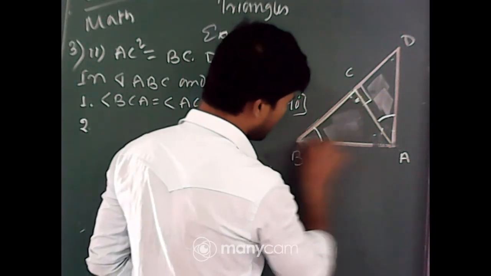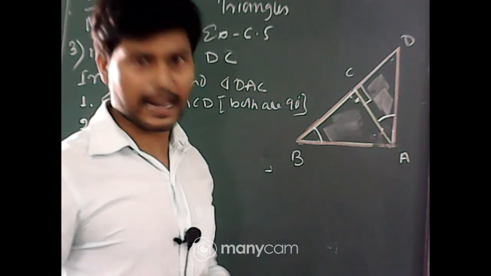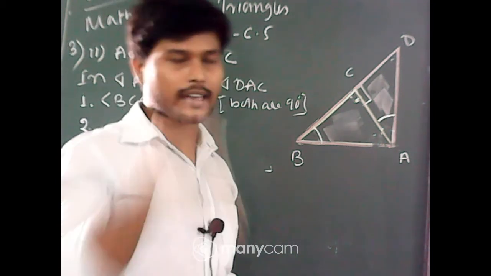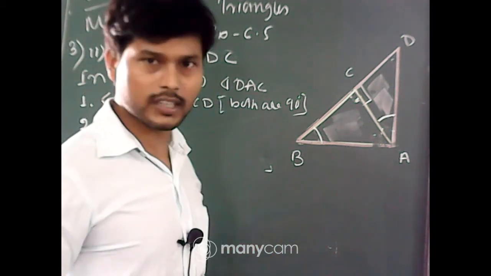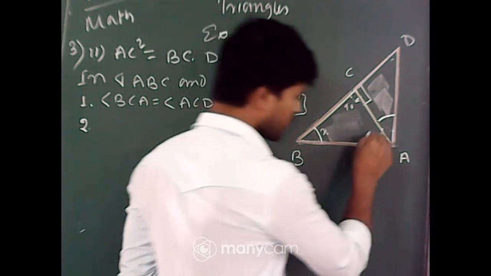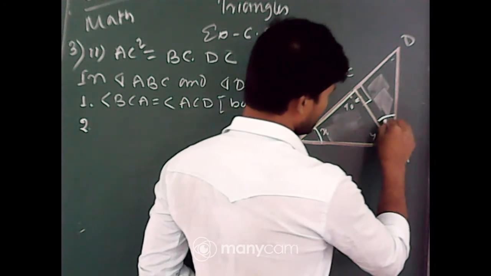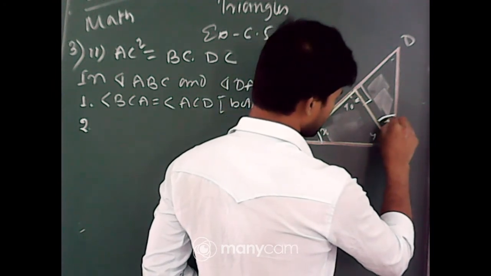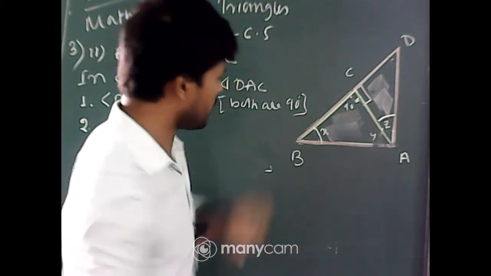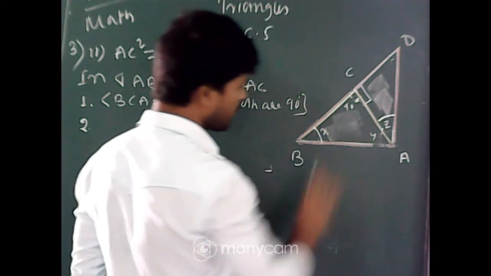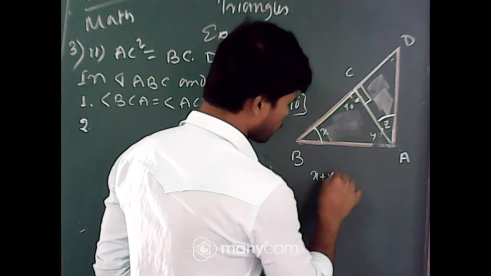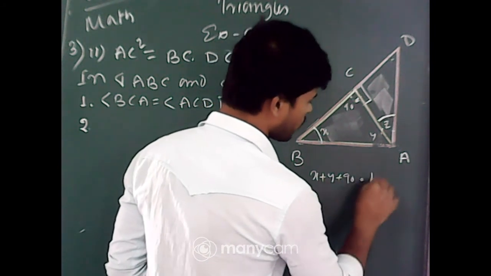What type of triangle is ABC? Obviously it is a right angle triangle. So we know that the sum of all interior angles of a right angle triangle is equal to 180 degrees. So this is 90 degrees. Let us consider this angle is X, this angle is Y, this angle is Z. If we consider triangle ABC and apply the angle sum property, we have x plus y plus 90 is equal to 180 degrees.